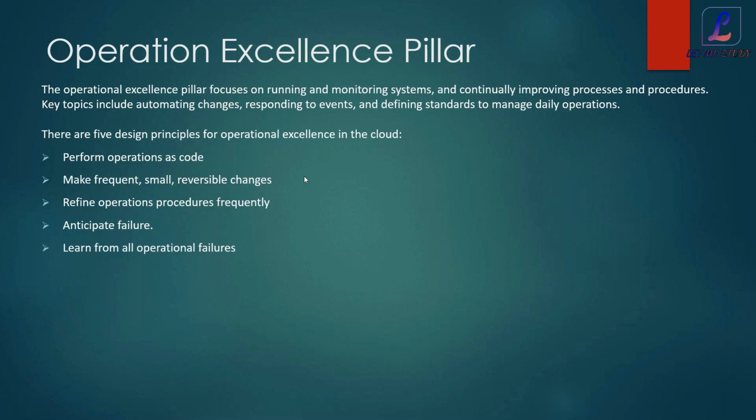So they have some design principles. You have to do operations as code; that is always recommended. Instead of doing things manually, you do things as code, so that if there are any changes, you can track them, and you can do versioning and all that. If your infrastructure is code, then your operations can be performed as code.